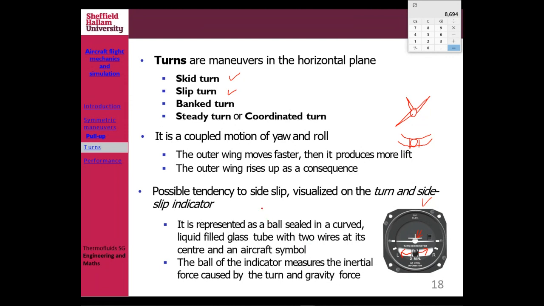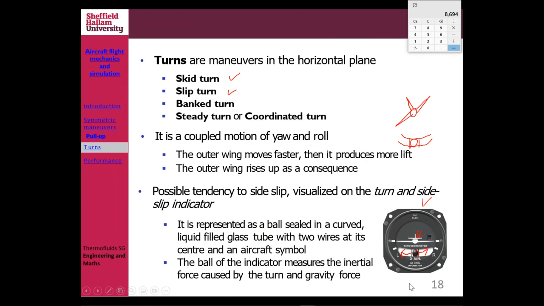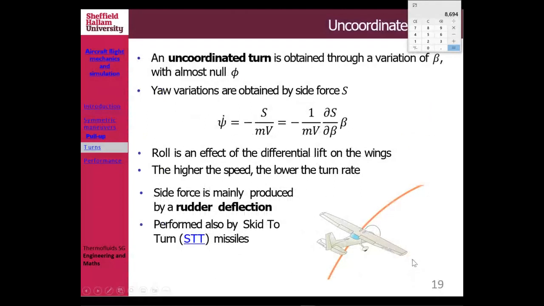So that is a tendency to side slip. If you make a skid turn or slip turn, that could be noted by the pilot if they pay attention to that turn and side slip indicator there. Okay, right. So now if you make an uncoordinated turn, then by default you are producing a side force, because when you do the turn, your aircraft is going to make a side force.